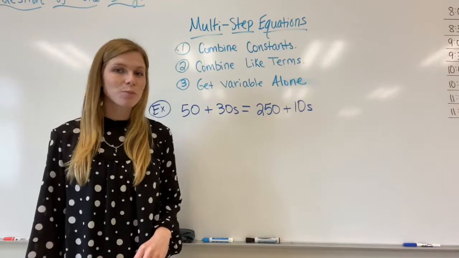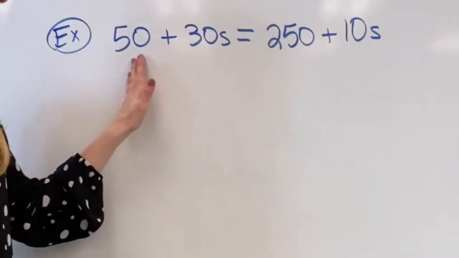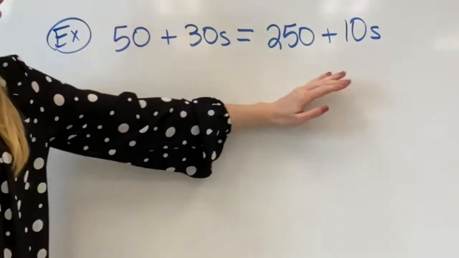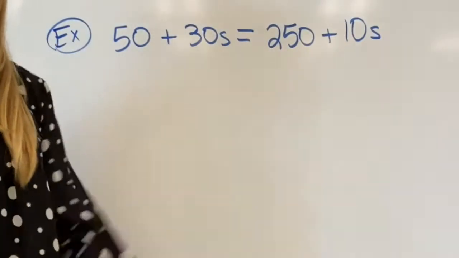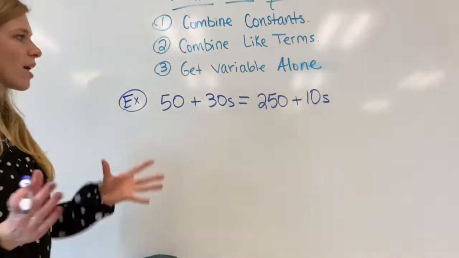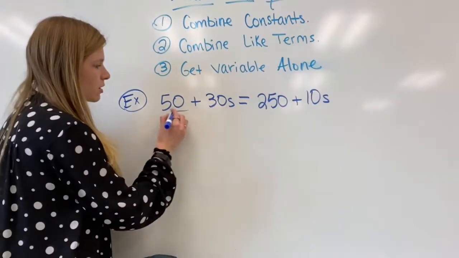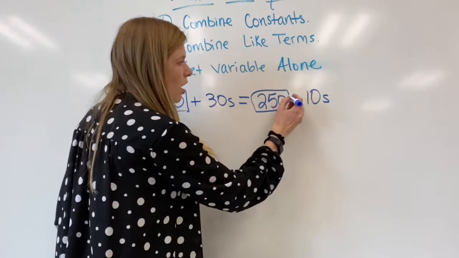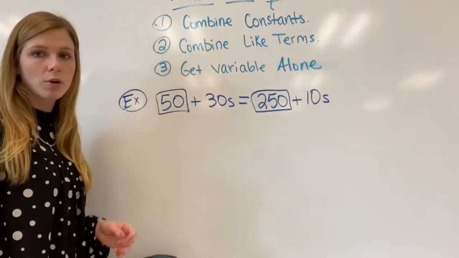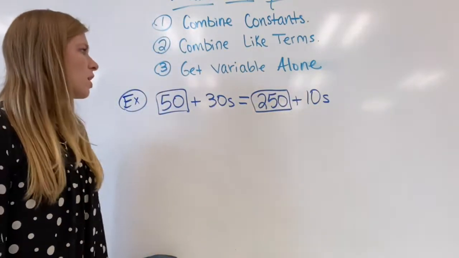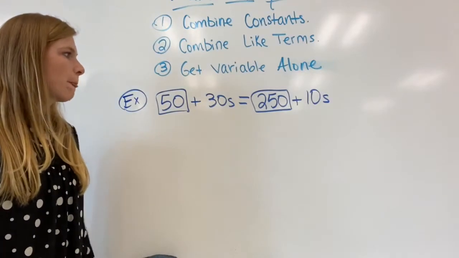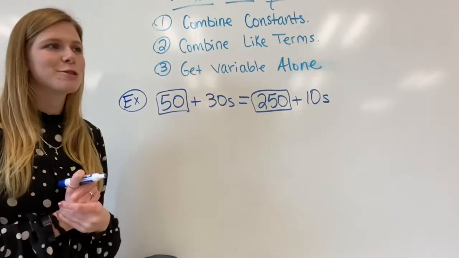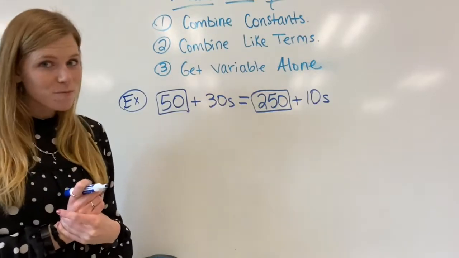For example number 2, I have 50 plus 30s equals 250 plus 10s. So step number 1 says we're going to combine the constants. I know that my constants are 50 and 250 because they are not connected to a variable. They stand alone. I know that I could really move either one, but think to yourself, which one would be easier to subtract from the other?